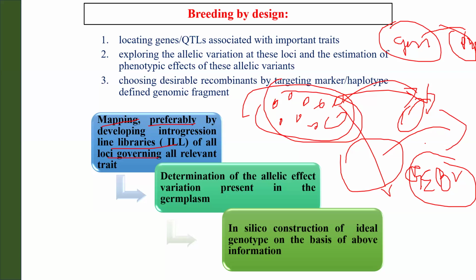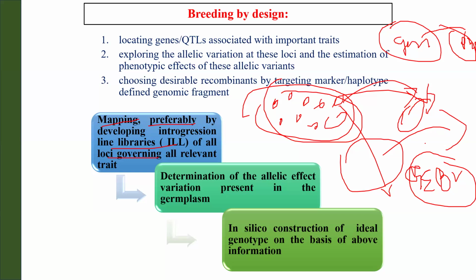Based on this, you initially decide in silico. Then you try to create the libraries among that. Then you construct one ideal genotype. Based on that, you do your breeding. First you design the crop, and after designing everything, then you start breeding for that. Understood?